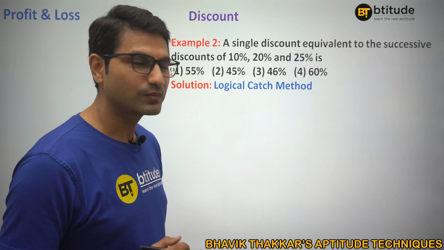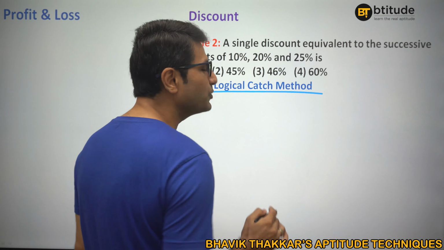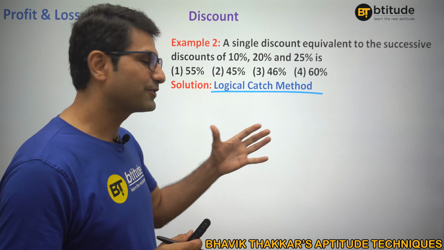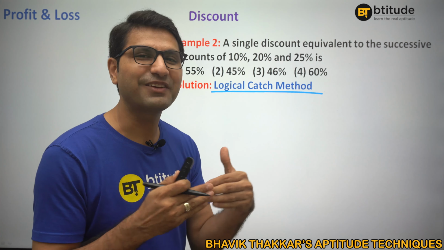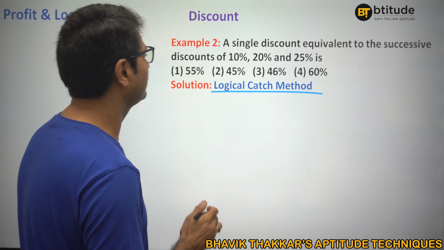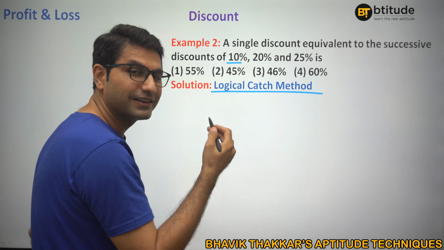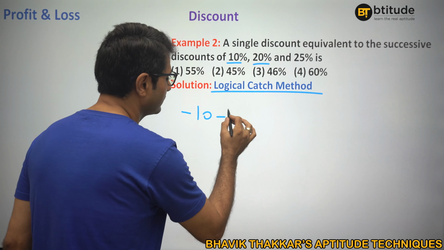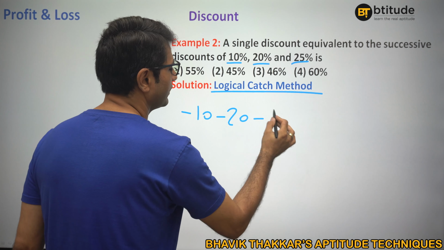What about this one? Logical catch. Now look, if you understand logical catch, there is a combined impact that we have to consider, right? A, B, and then there is a combined impact. So here if we say discount of 10% means it is reduced by minus 10, minus 20, minus 25.